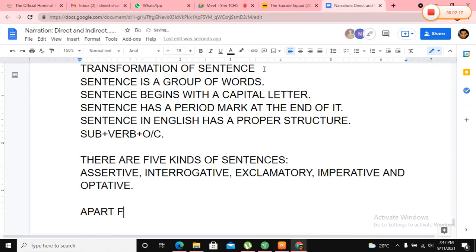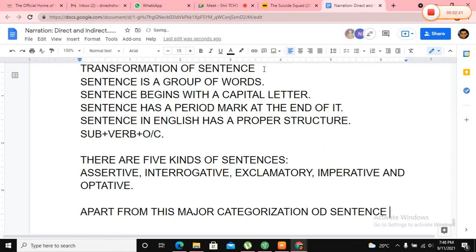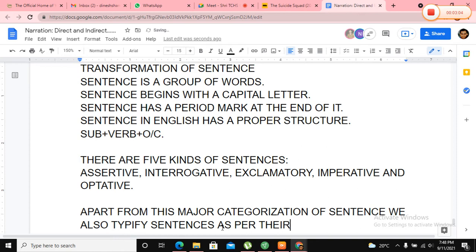Apart from this major categorization of sentences, we also typify sentences as per their nature.